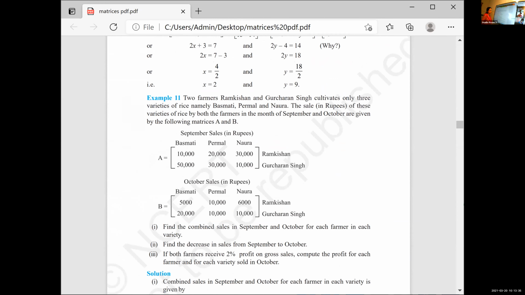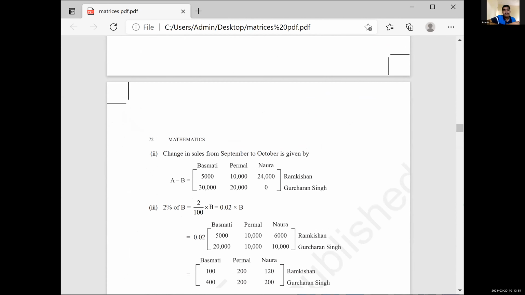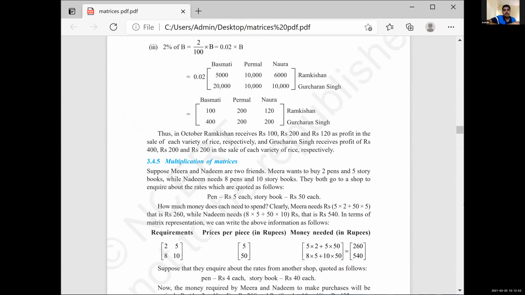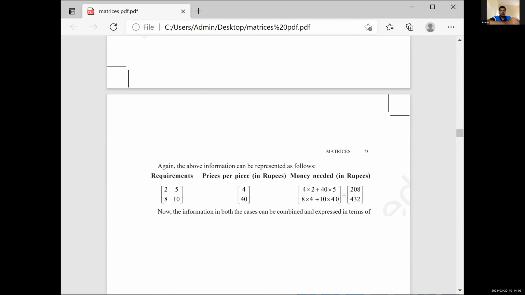Example 11 is an important case study type question, and it is also homework. So 9, 10, 11. Do the example questions as homework. Multiplication of matrices will be starting in the next class.